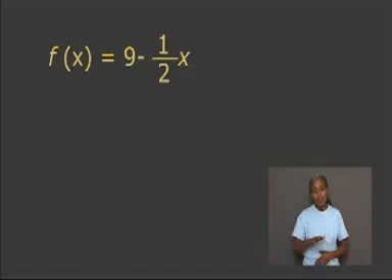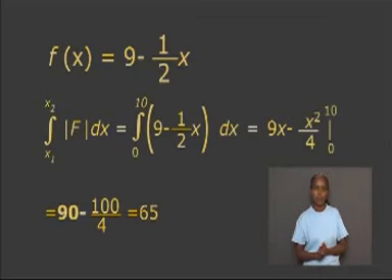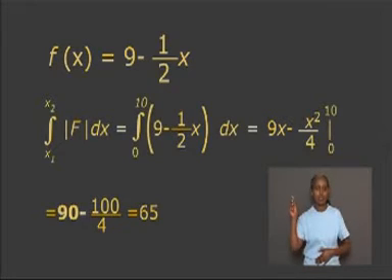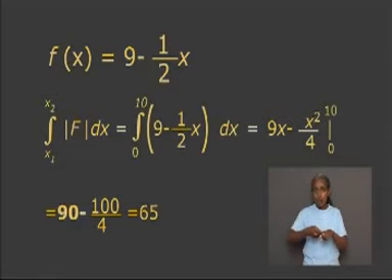Let us find the work done when a particle is moved through a displacement of 10 meters. We will define the force like this and say that the motion is across a smooth horizontal surface.